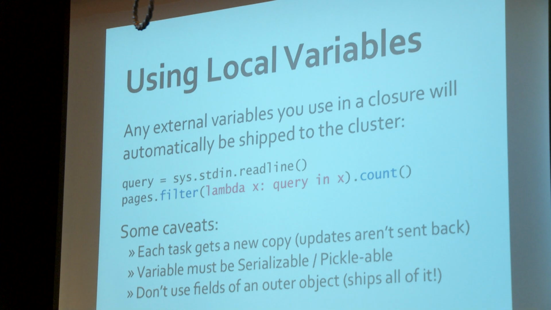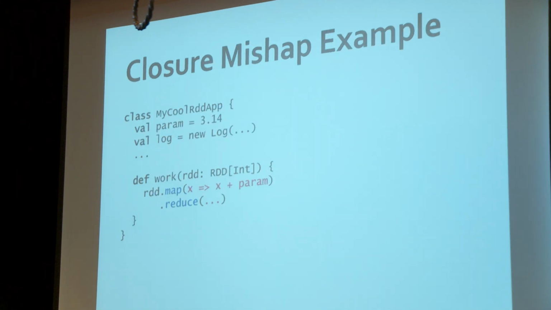Finally, one tricky thing people run into sometimes is you write some Spark code inside an object, and then you use some fields of the object. That is not completely obvious, but that actually will send the whole object, because that's what accessing those fields means. This is a Scala example, but similar things can happen with Python also.